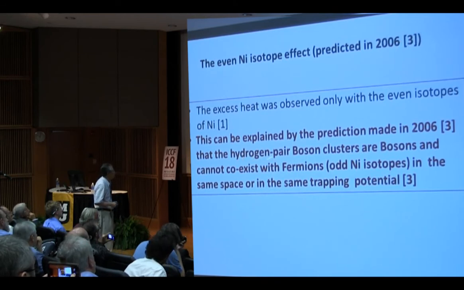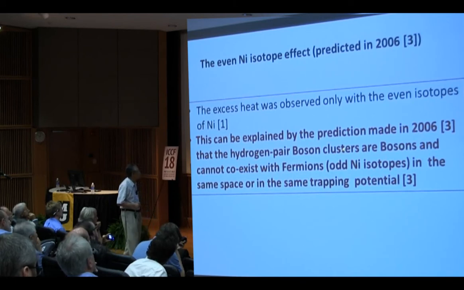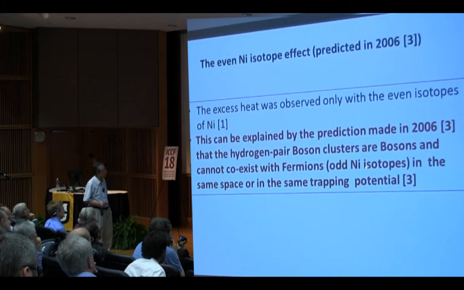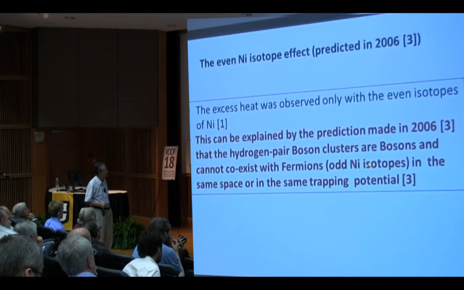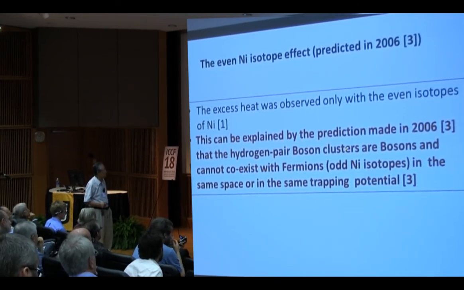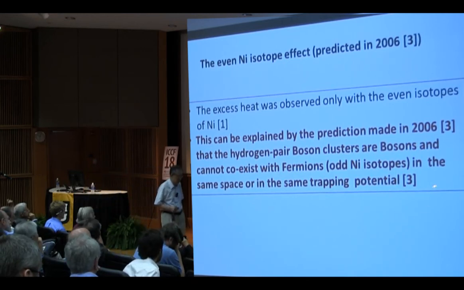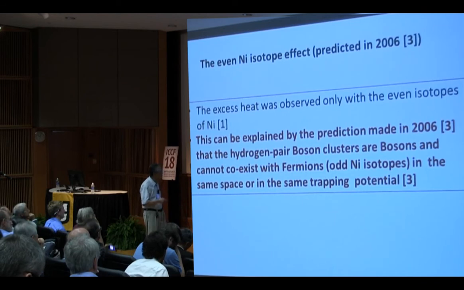If you can form the hydrogen pair boson cluster and behave like a boson, then it cannot coexist with a fermion. Nickel-61 happens to have a half-integer spin, a fermion, so our prediction can be applied to this case as well. So nickel-61 will not be able to participate in the boson cluster nuclear fusion to overcome the Coulomb barrier.